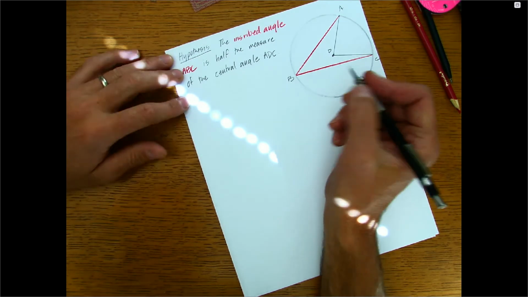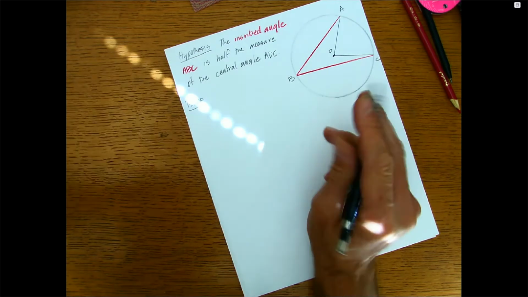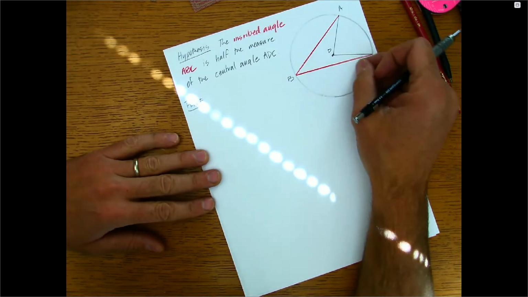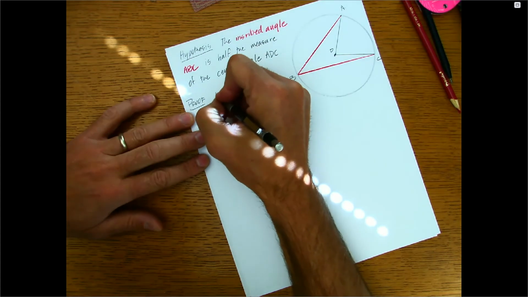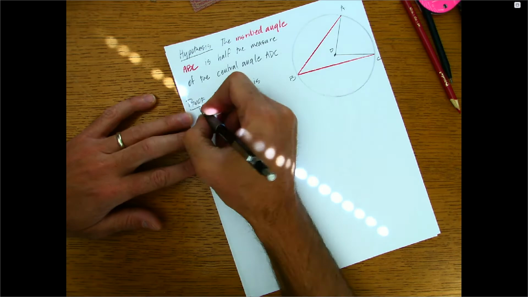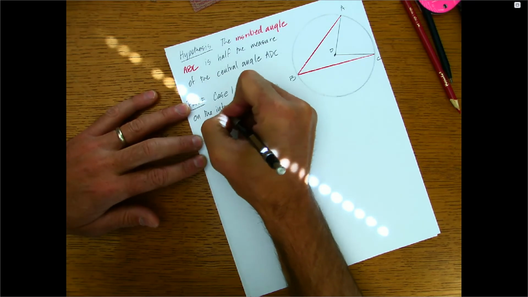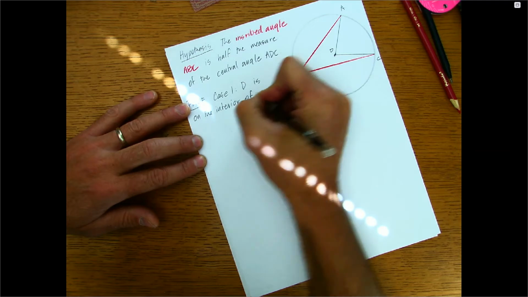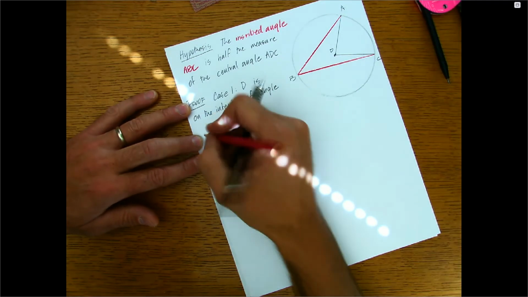Okay, so let's go ahead and start with our proof. Let's make it clear to our reader that we're proving the first case, that is where D is on the interior. So case 1, D is on the interior of angle ABC.